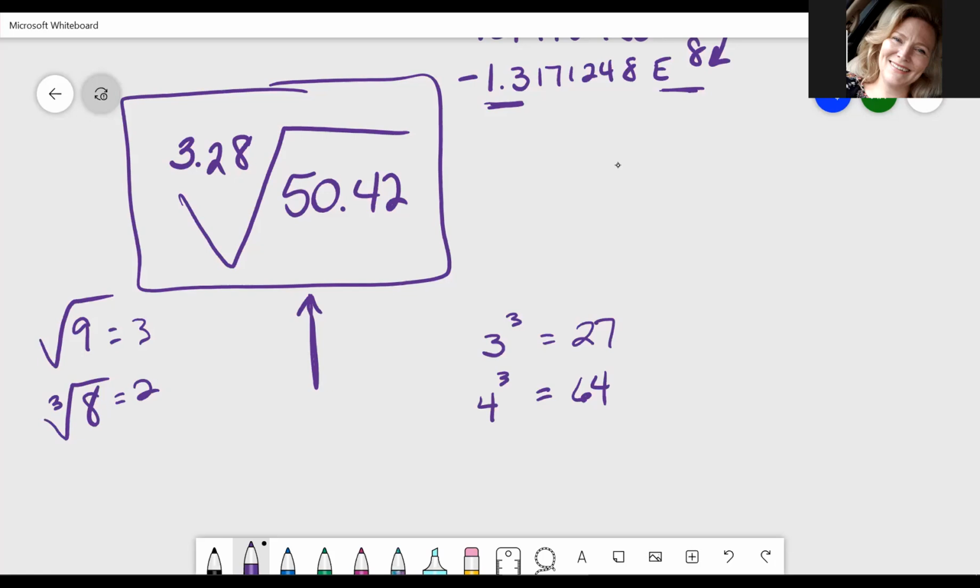If I'm looking at a Texas Instruments calculator, there's a button right here called Math, and I need to hit that Math button. It has some different things that show up there.